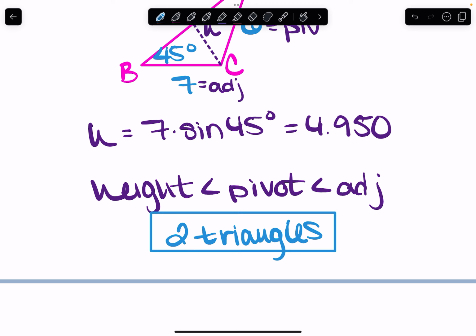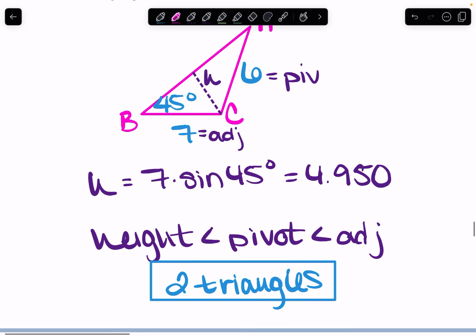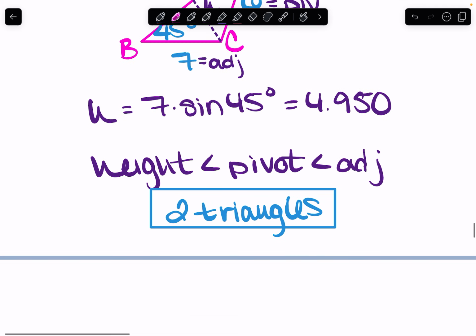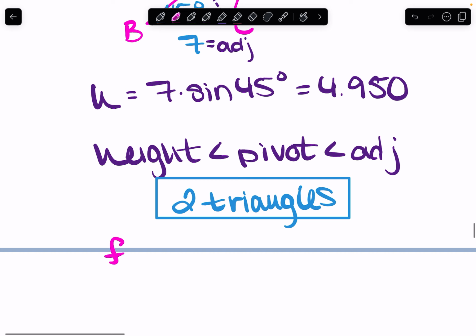When you do run into that two triangle situation, the key for solving this triangle is you need to find the unincluded angle first. If we look at our picture here, the unincluded angle means the angle that isn't between the given sides, which would be angle A. So if we were solving, we would find A first, and that's what we would use for our first triangle.